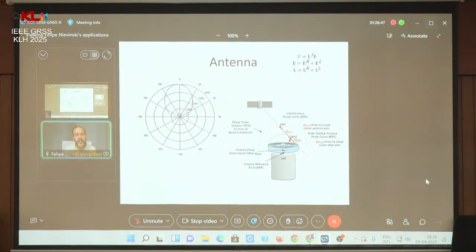So the antenna can give preference to one polarization or the other. And normally these weights depend on the angle of arrival. For example, for this antenna gain pattern, the blue trace is the right-handed gain, and the red trace is the left-handed.